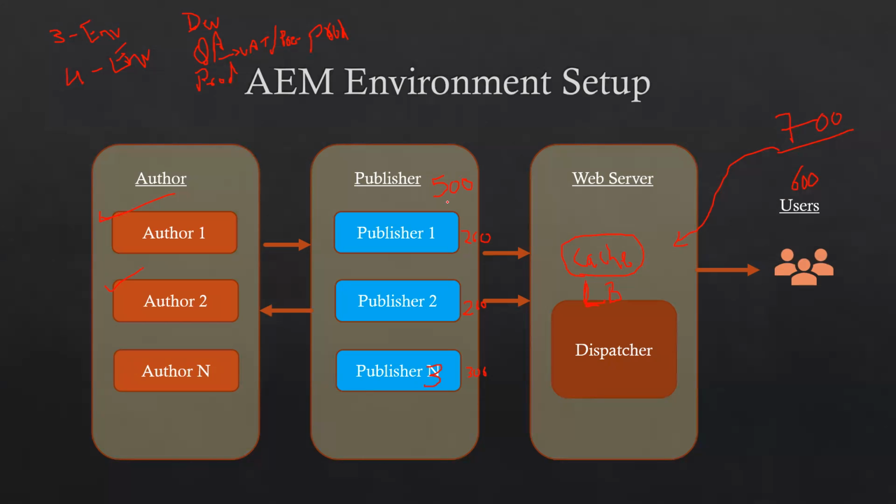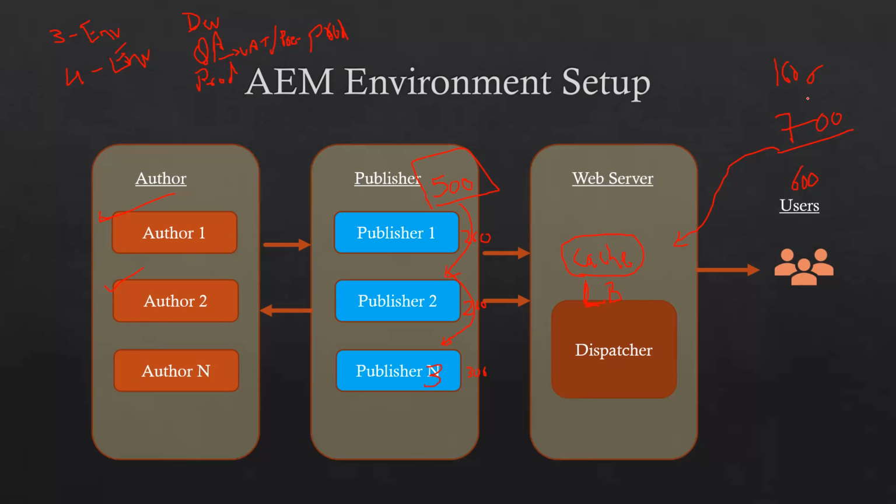And in case the maximum capacity is 500 only, and we are getting 1600, sorry, 1600 requests, then at that moment 500 requests would be served by this one, 500 by this one, and 500 by this one.